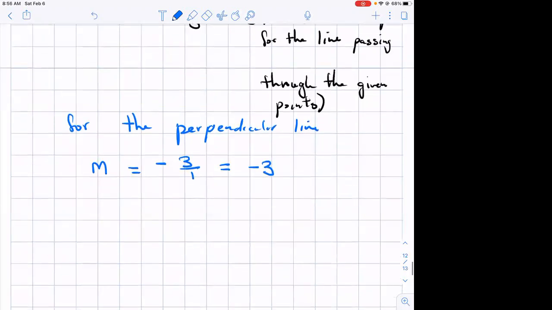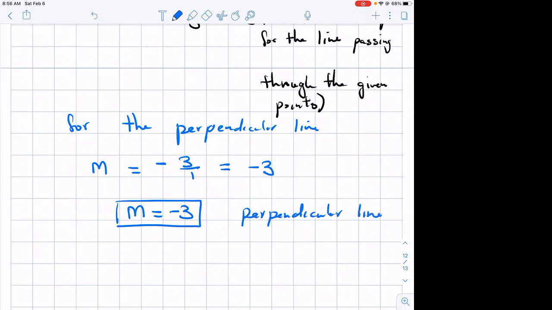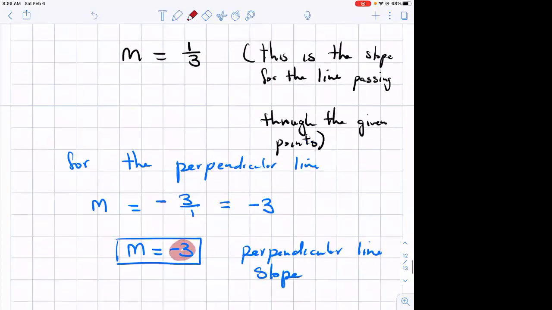So the answer, m is equal to negative 3. This is the perpendicular line slope. Notice, as I said before, one is negative and one is positive. And this will always be the case for perpendicular lines.